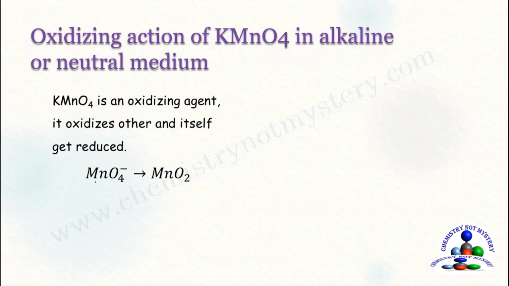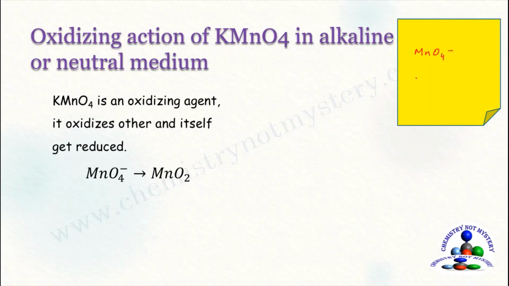So let's calculate the oxidation number of Mn in MnO4 negative. Let the oxidation number of Mn be X. Oxidation number of oxygen is -2 and there are 4 oxygen, so you will multiply it by 4. Sum of oxidation numbers is always equal to the charge on the molecule.